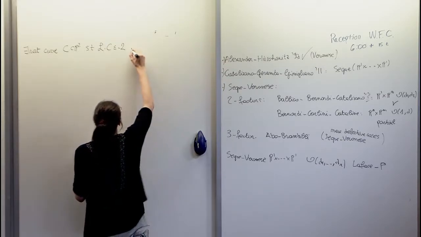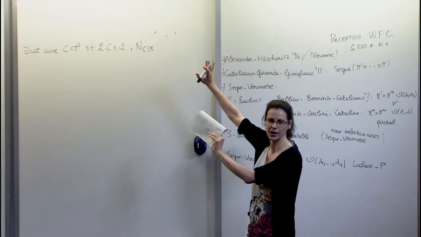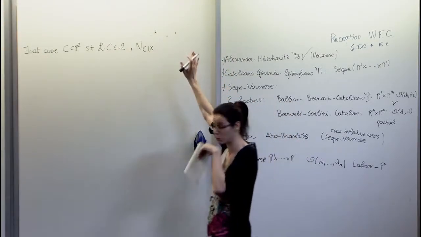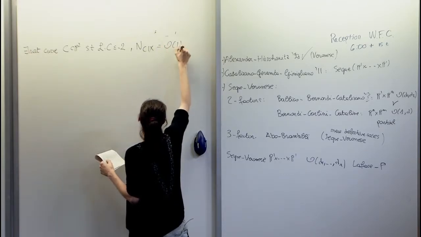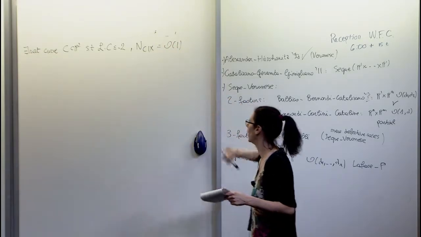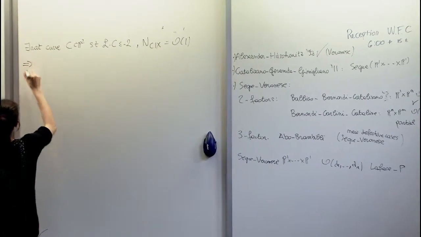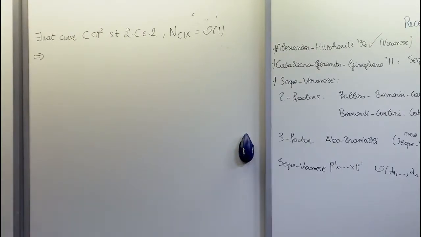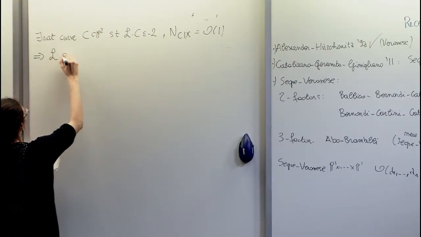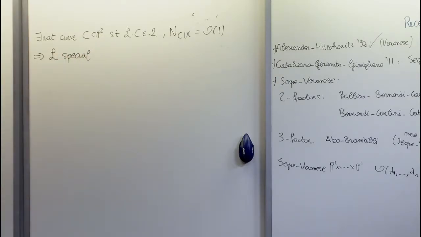And moreover, I also require that the normal bundle be the same as that of a line. That's just a technical extra condition. But one can see that whenever there's a curve behaving like this, then the linear system L is special. It's not easy, but one can handle it.